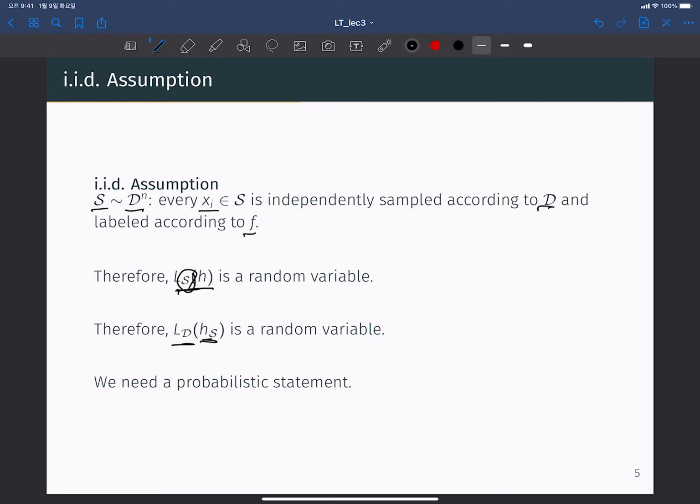So L_D, the test error, actually this is L_D(hS), the test error of your empirical risk minimizer hS, is also a random variable.